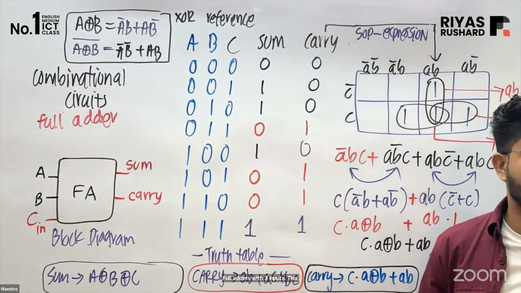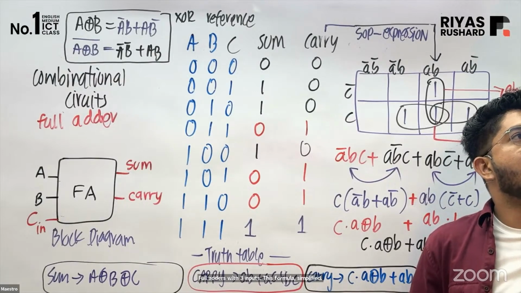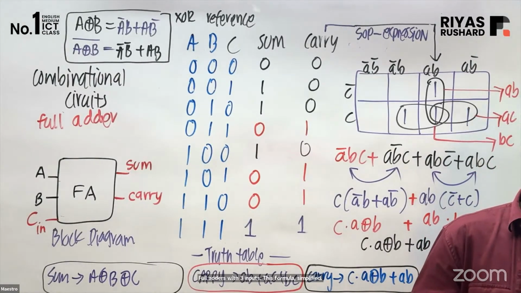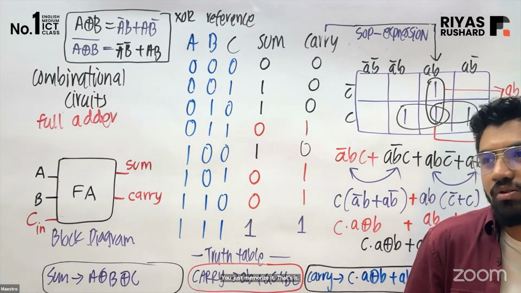You just memorize it, that's it. If they ask for a full adder, you have to draw one of them.